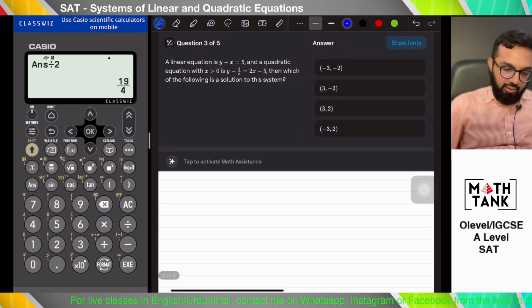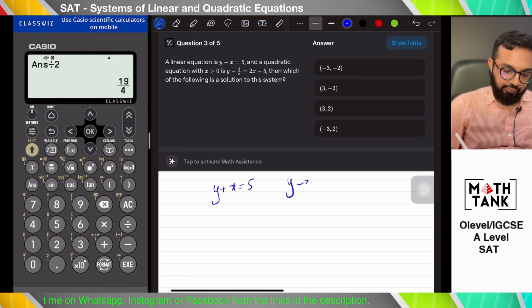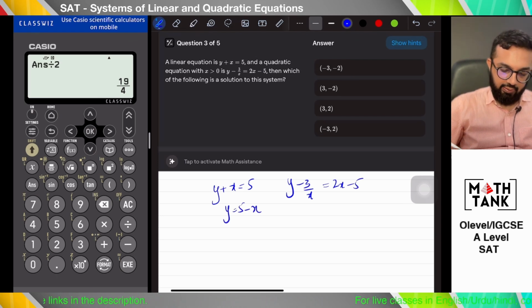Question number 3, a linear equation is this. Which of the following is a solution to the system above? y equals 5 minus x.